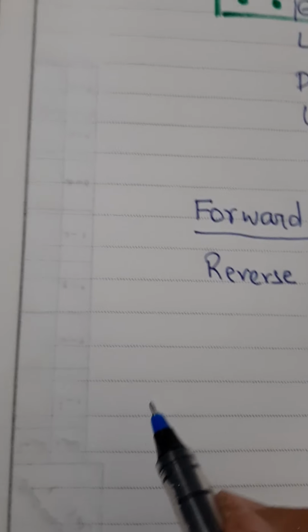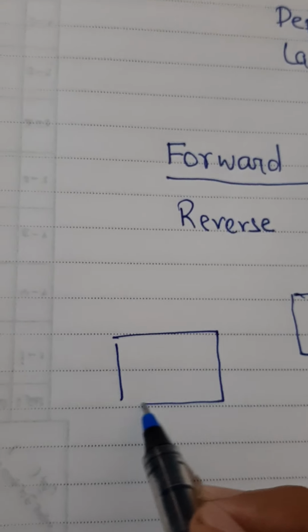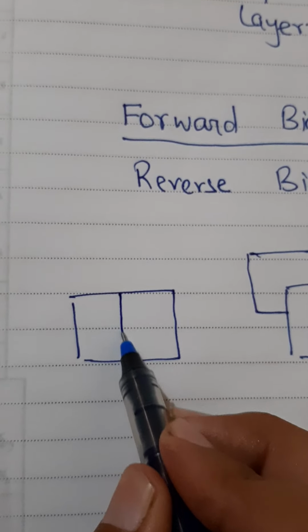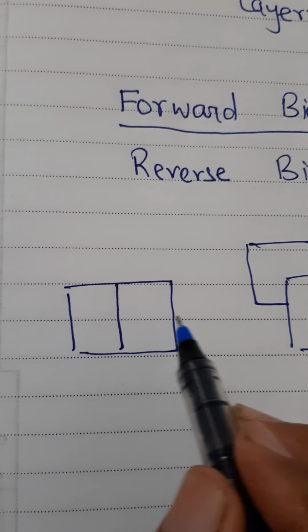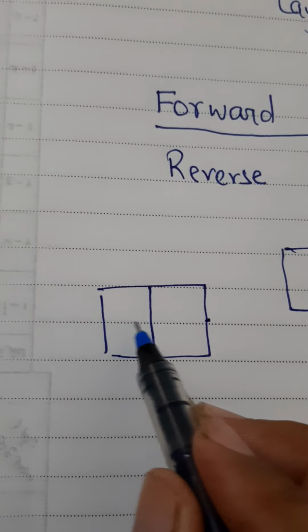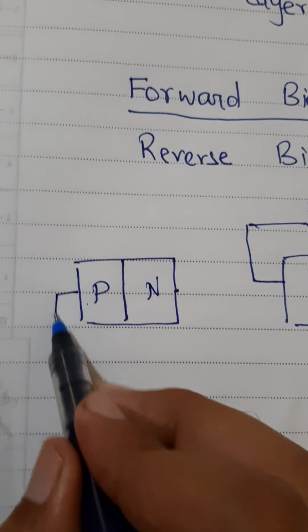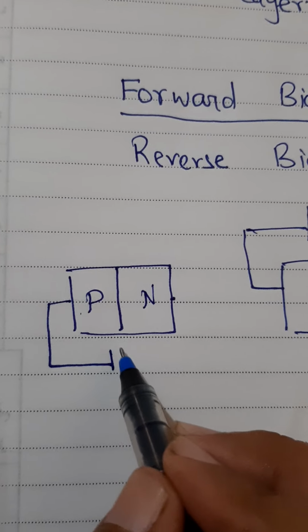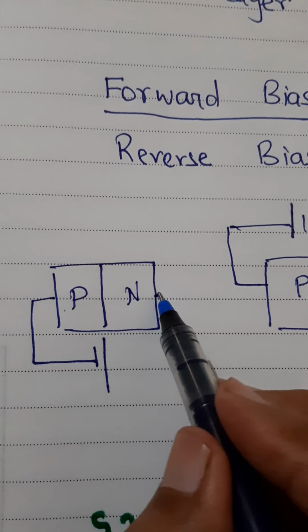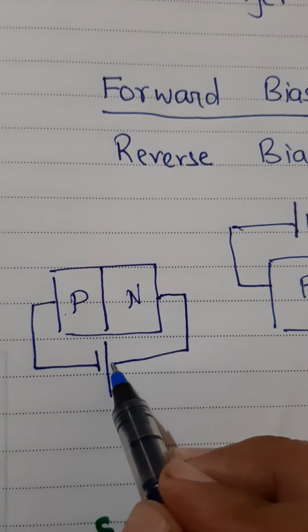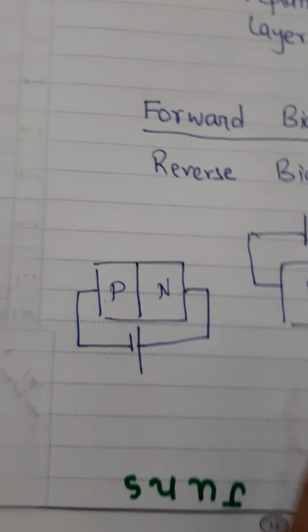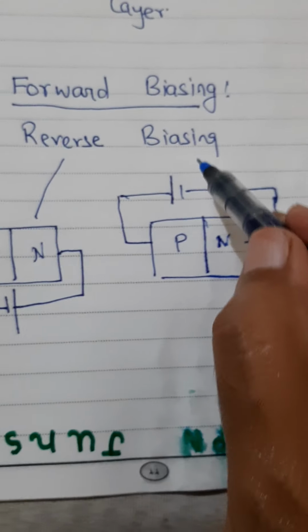On the other hand, let us talk about the reverse biasing. For reverse biasing, we make the opposite connection to the forward biasing. Let's say this is the P and N type semiconductor. Let us connect the P type semiconductor with the negative terminal of the battery, and the N type semiconductor to the positive terminal of the battery, and this combination is called reverse biasing.